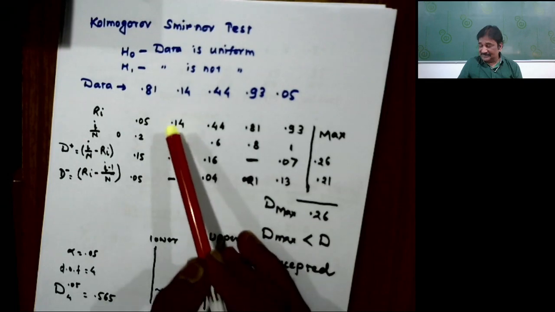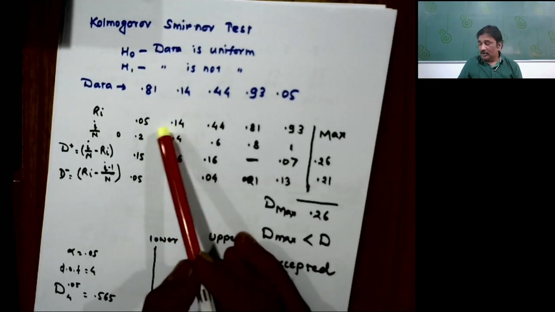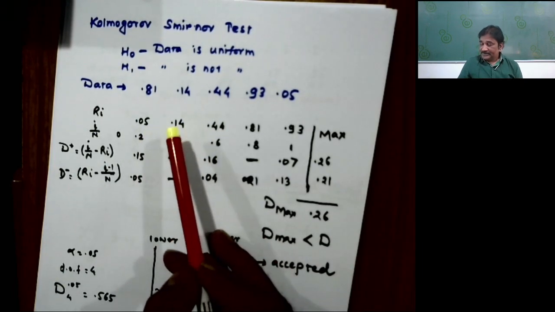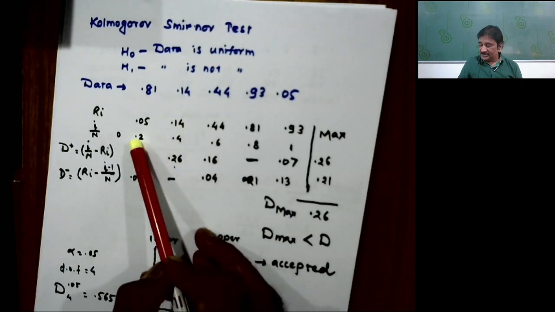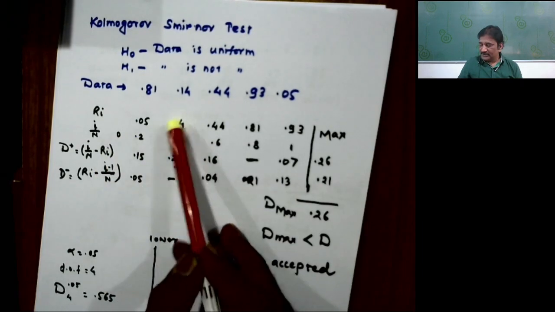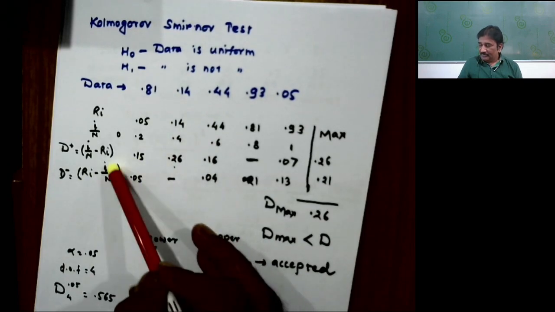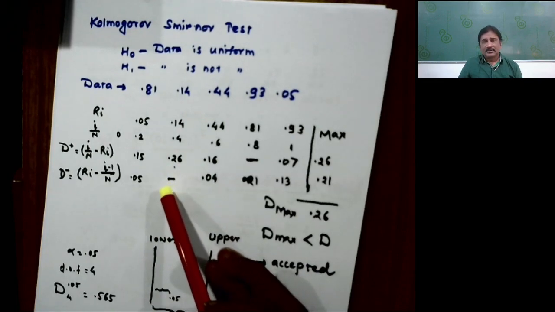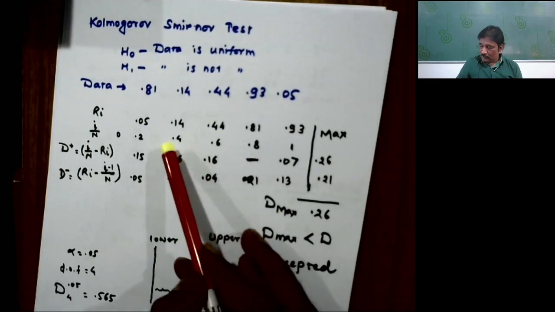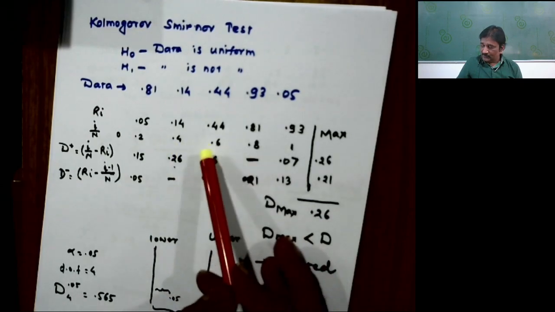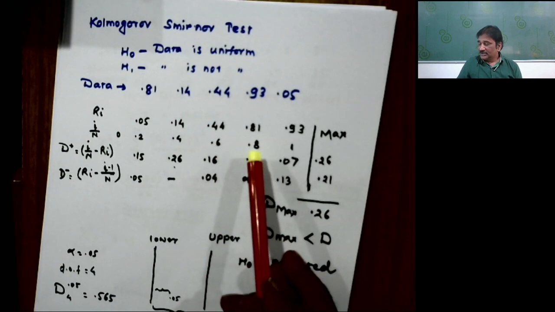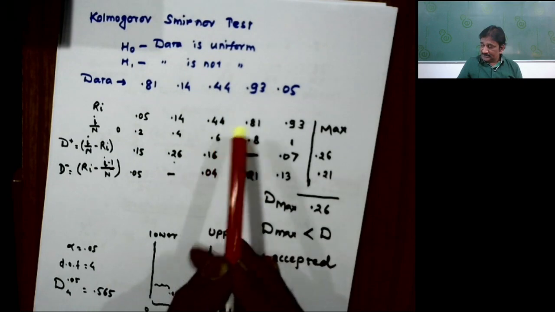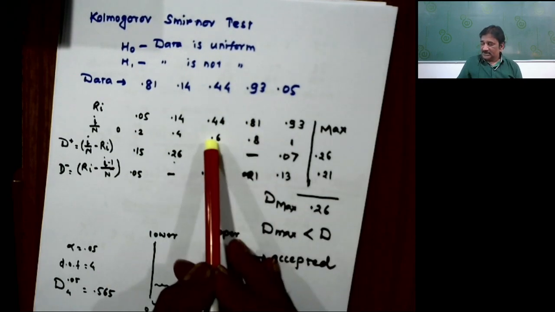Distance makes sense if this number is after the lower bound. Looked at the other way, if the i-th random number minus (i minus 1) upon n is coming out to be negative, then you write a dash. Likewise, 0.44 minus 0.4 is 0.04, and 0.81 minus 0.6 is 0.21, because this number is after the lower bound.